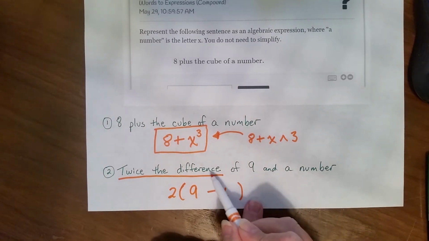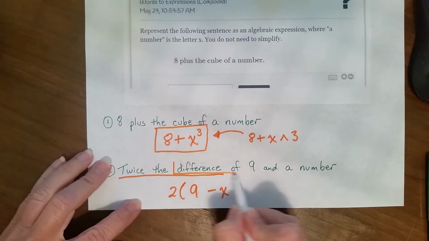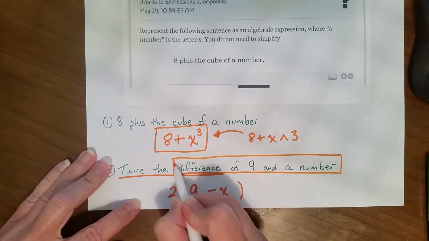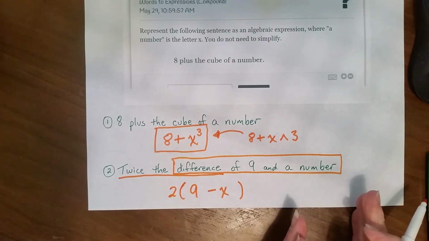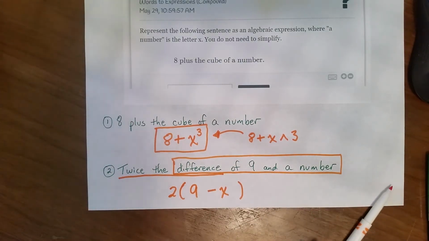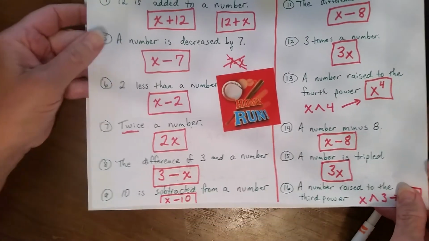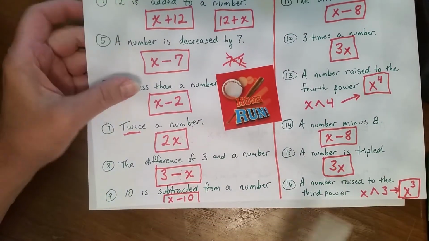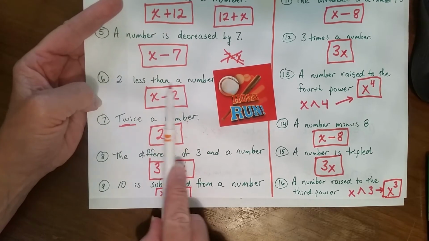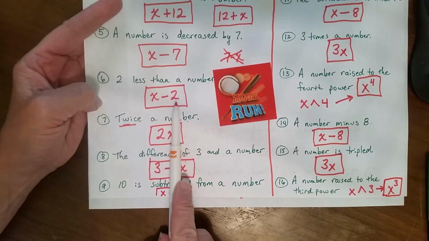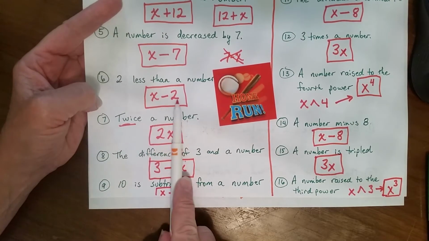The difference of 9 and a number goes in that exact order. It's different than where we did it on the other video. Here, if we have 2 less than a number, that would be x minus 2.